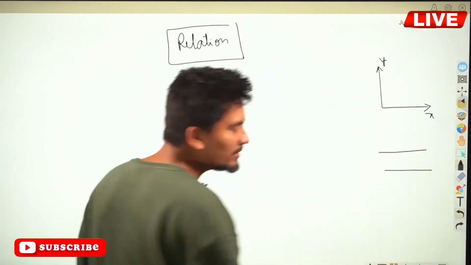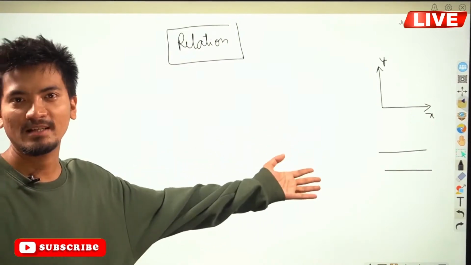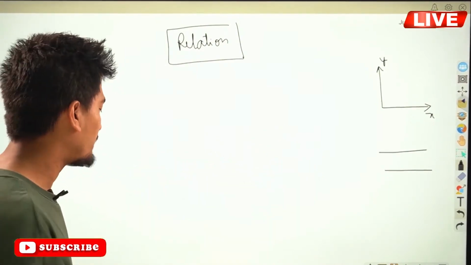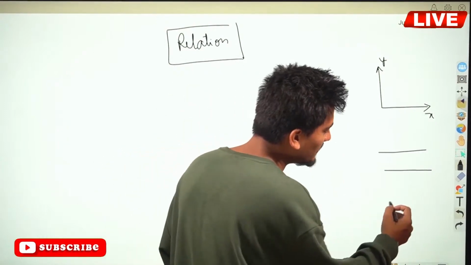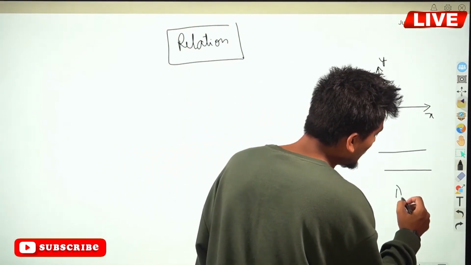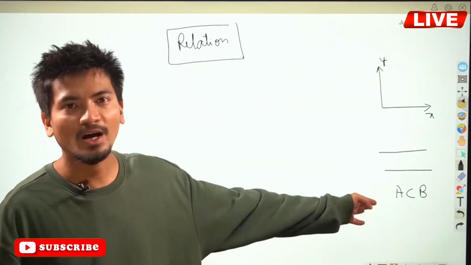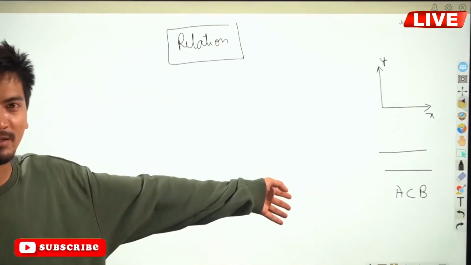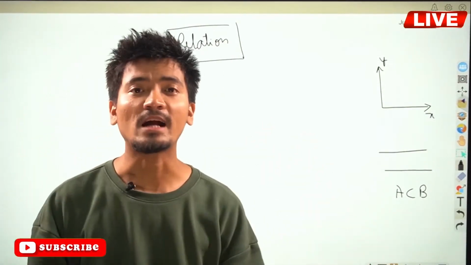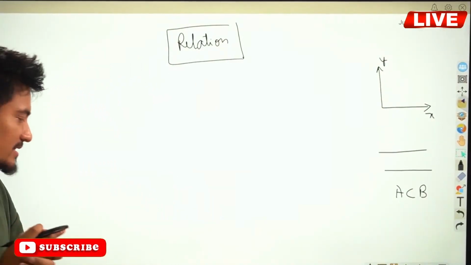This is parallel to this, right? You can show relations like this. Or else in sets also, you have learned that the set A is a subset of B. That means the elements of A are also the elements of B. So that's why it has become a subset. So subset is a kind of relation. Okay? So these are relations.